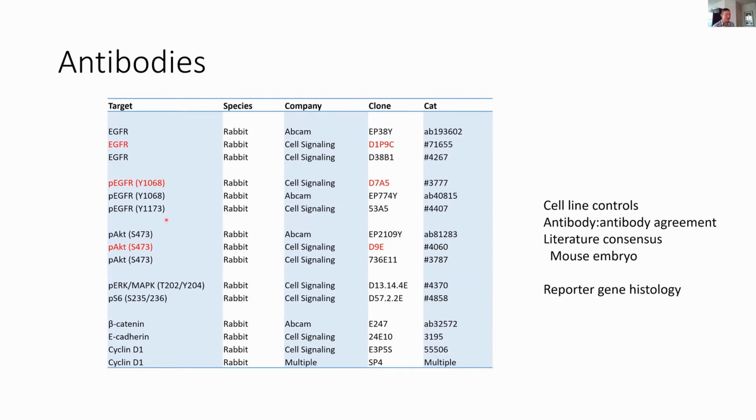I'd like to move on from having to decide which is the best antibody. But it does turn out that I'm still trying to select the best antibodies for some of these, and I'll show why.